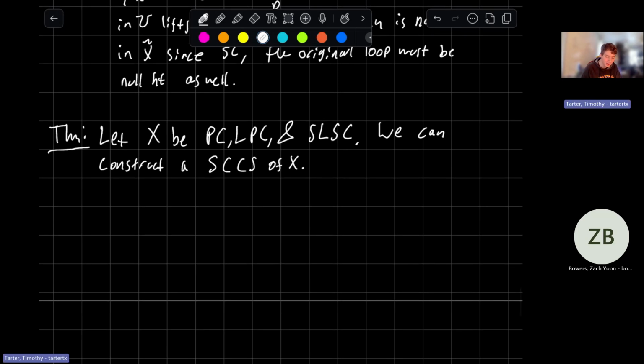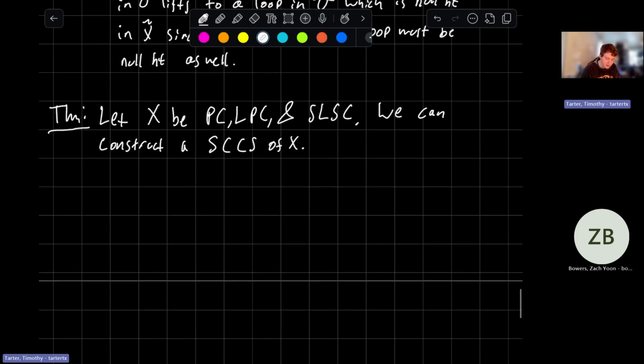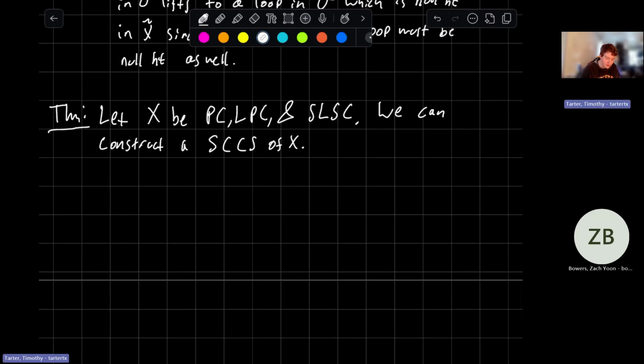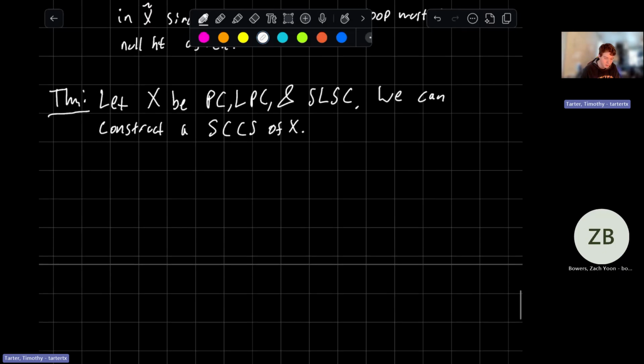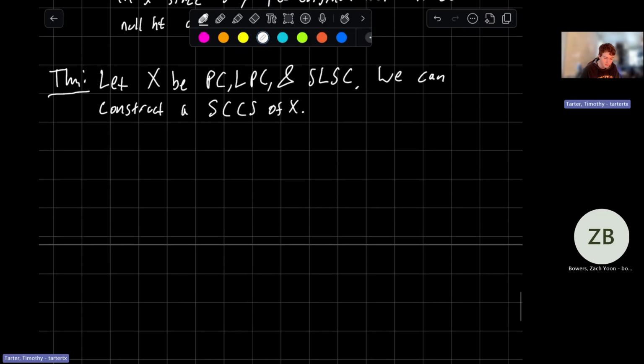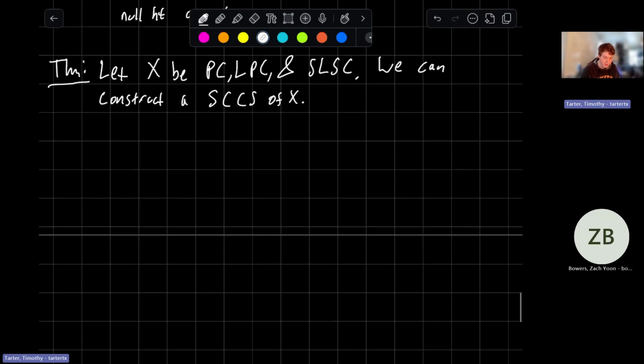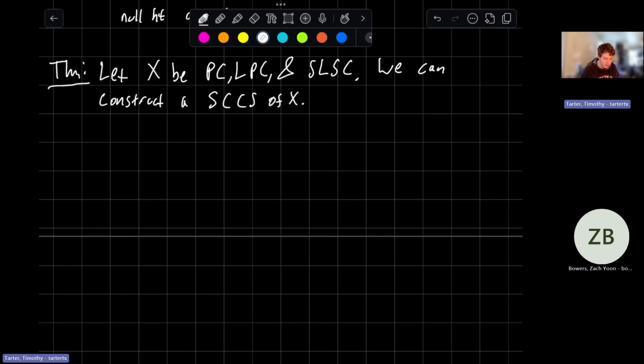So to motivate the construction, let P be a simply connected covering space. Then each point in the domain of the cover can be joined to the base point by a unique homotopy class of paths. So we can view points of the domain of the covering space as homotopy classes of paths starting at x naught.